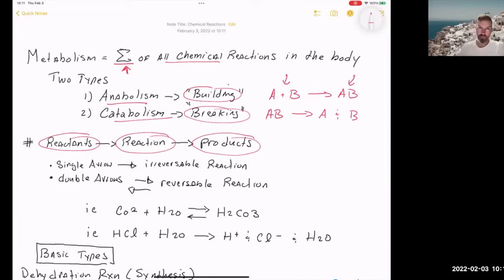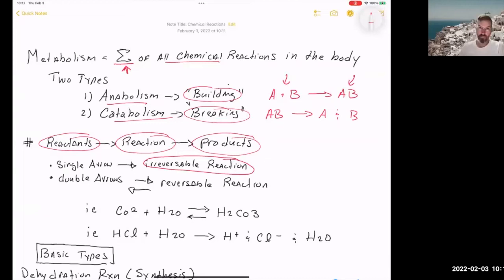Now, whenever you see chemical reactions, if you see a single arrow, an arrow in one direction, that means that the chemical reaction is irreversible. It cannot go in the opposite direction because the energetics are not favorable. It would take too much energy for that reaction to go in the opposite direction.